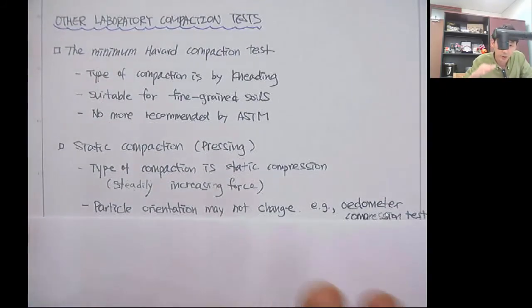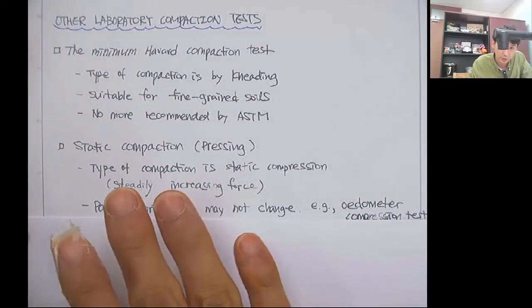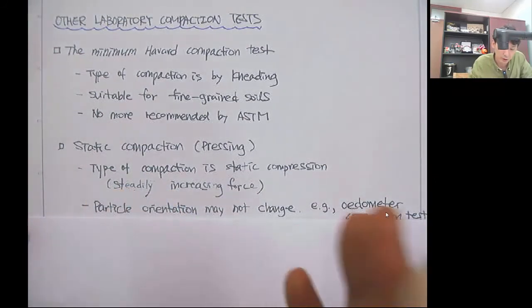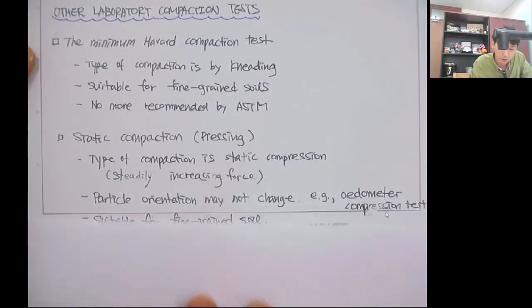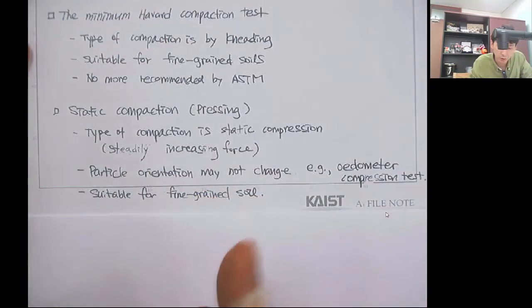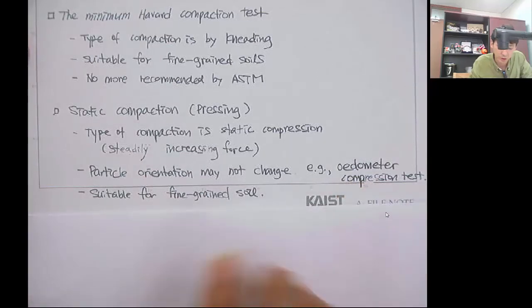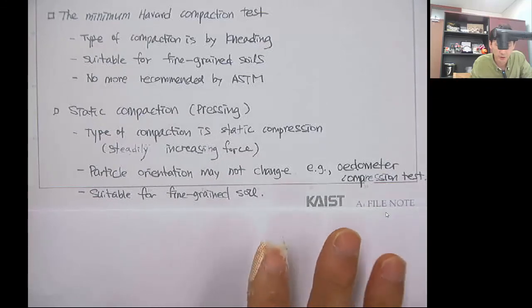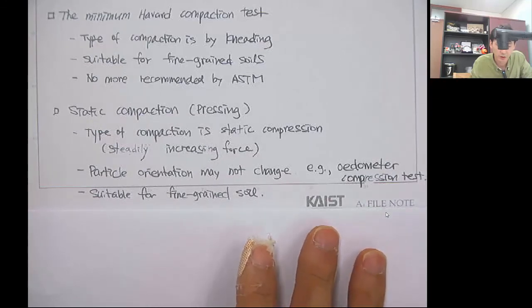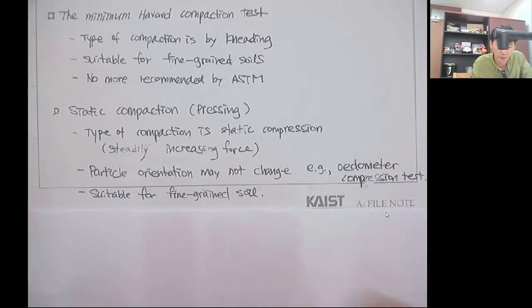Static compaction is where you apply a static force, steadily increasing the force like a consolidation. So the particle orientation may not change during this static loading because you're compressing the soil in an oedometric condition. It's suitable for fine grain soil, but it's not properly simulating coarse grain soil compaction.